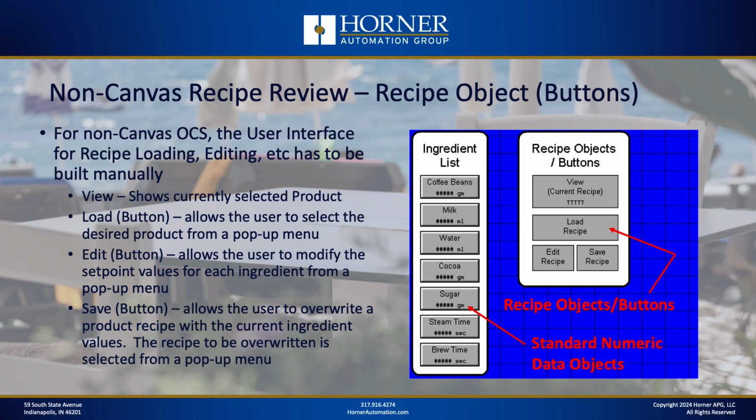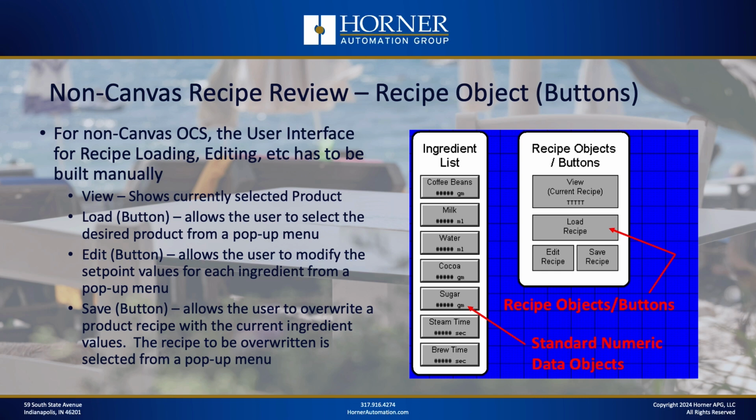Okay, the next feature for non-canvas functionality has received a large number of changes. So with non-canvas units, the recipe object really isn't an all-encompassing object for creating a user interface for the operator, but it's a flexible object that you can place multiple instances of on the desktop as you kind of roll your own user interface for recipes.